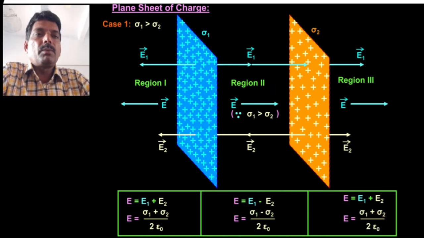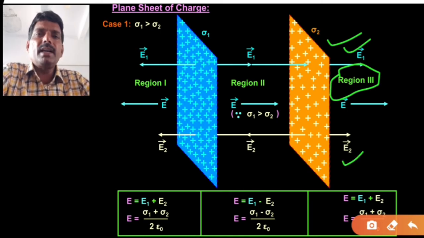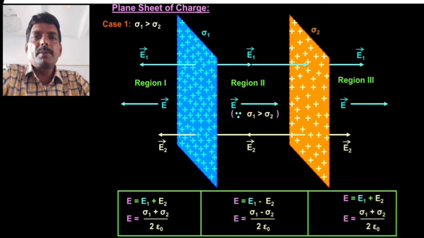Now come to the third point, region 3rd. This E1 and this E2 again are in the same direction, and therefore the resultant electric field intensity will be also in the same direction. So I can write here the magnitude, E is equal to E1 plus E2. E1 is equal to sigma 1 upon 2 epsilon naught plus sigma 2 upon 2 epsilon naught.